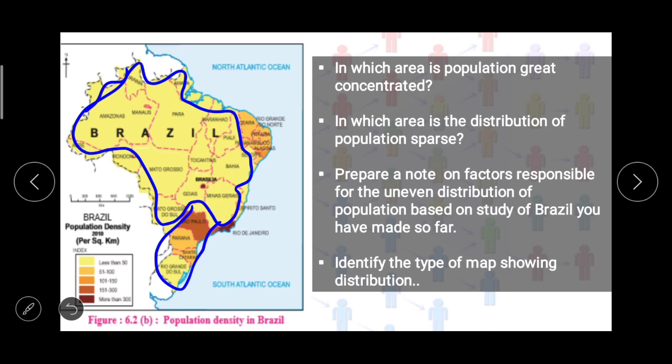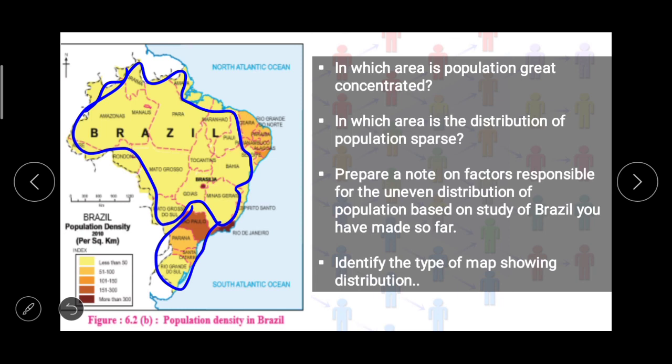Density of population is found in this particular area, and on the other hand the interior in the Amazon basin is very sparsely populated. And why? Because of unfavorable climate, heavy rainfall, inaccessibility and dense forests, which are barriers to development of human settlements here. And therefore settlements occur only in a few places in the Amazon basin.